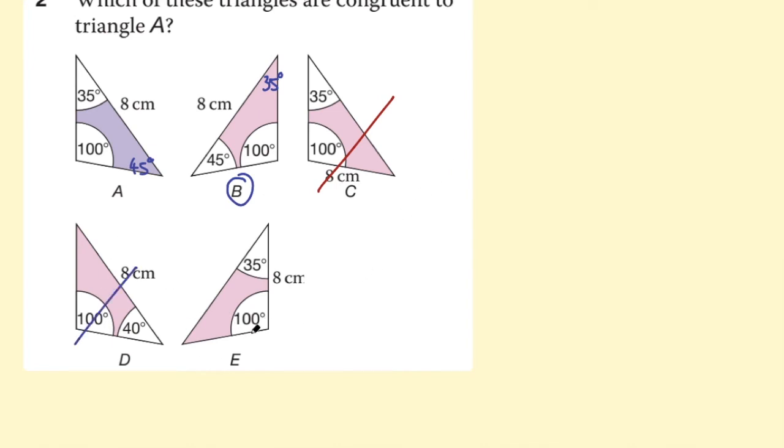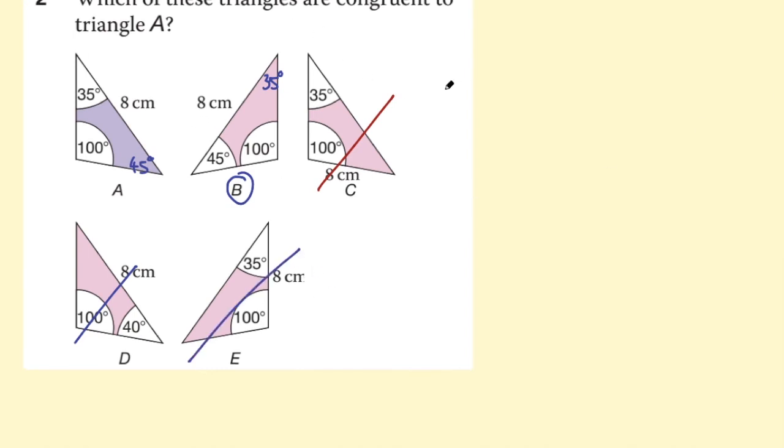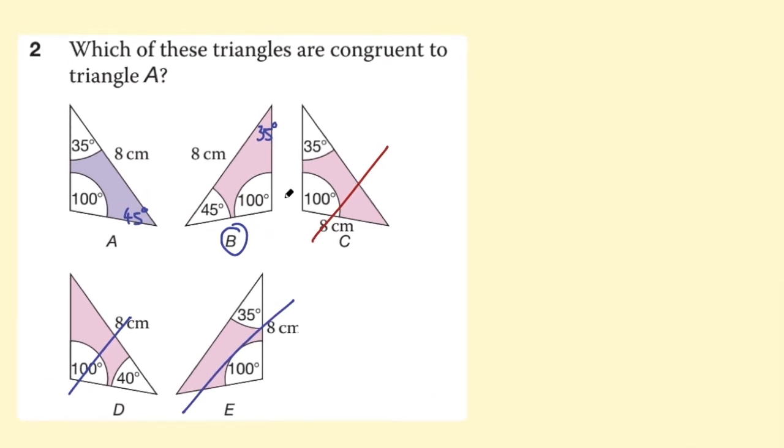And in E, again, it's similar to C in that the side that is equal to A is not corresponding to that 8 centimeter side in triangle A. So E can't be congruent either. So the only triangle there congruent to triangle A is triangle B.